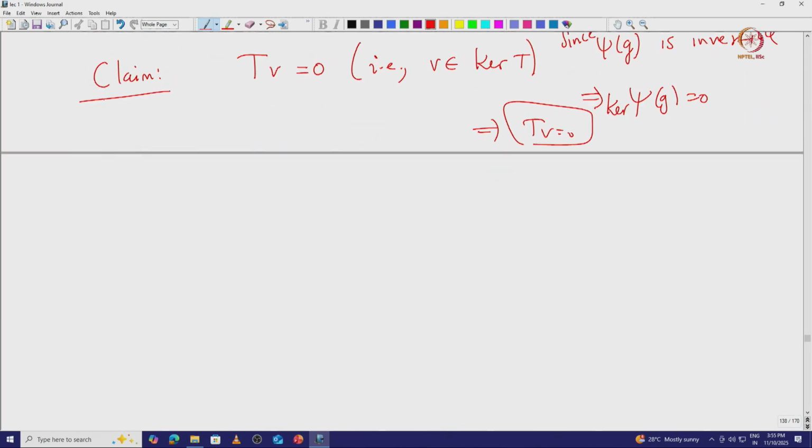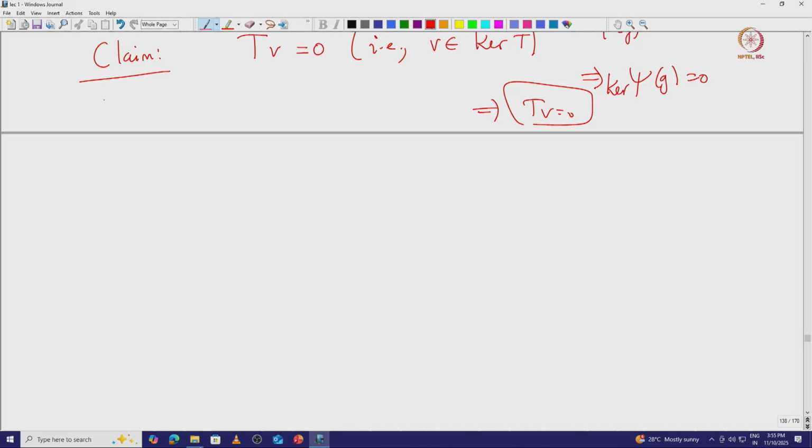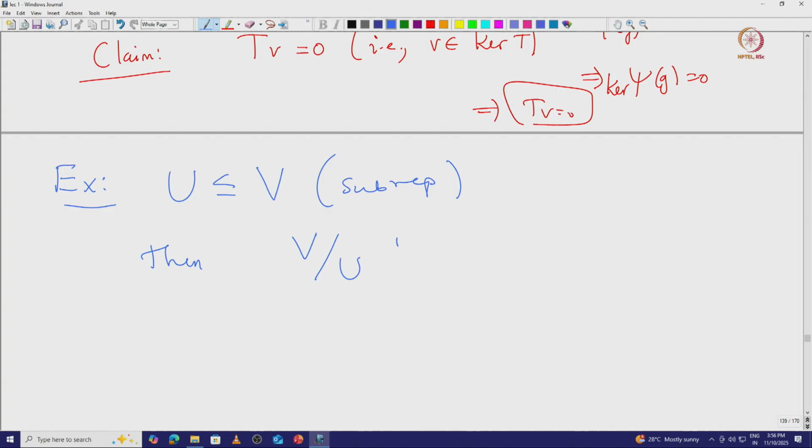So, this is something one can do for any invariant subspace. Maybe I will leave it as an exercise. So, suppose U is a subrepresentation of V. Then you can actually make this V modulo U as a representation of G. Take V comma rho to be the representation.